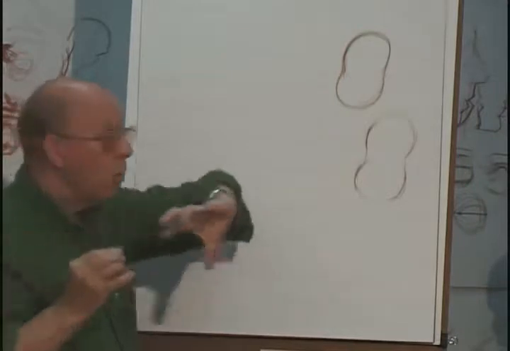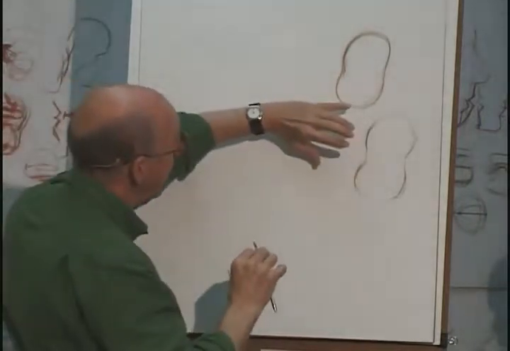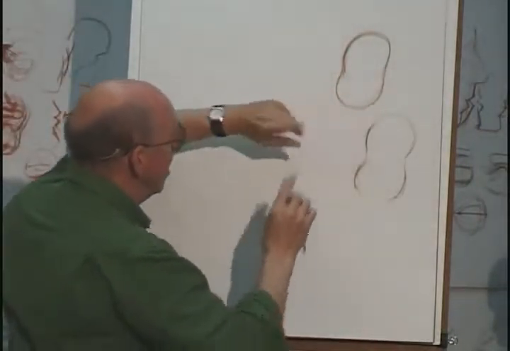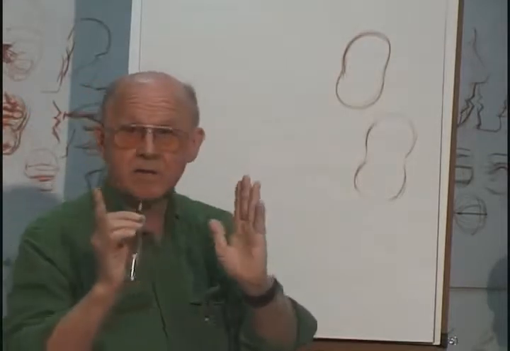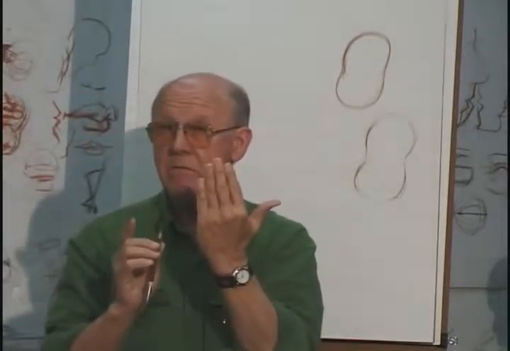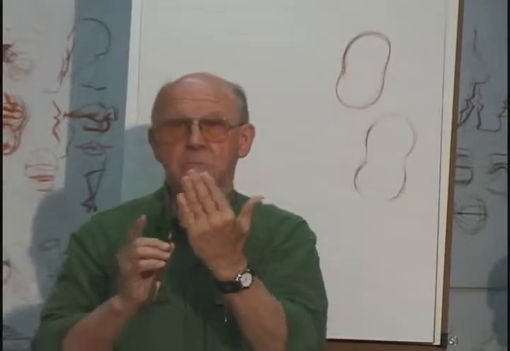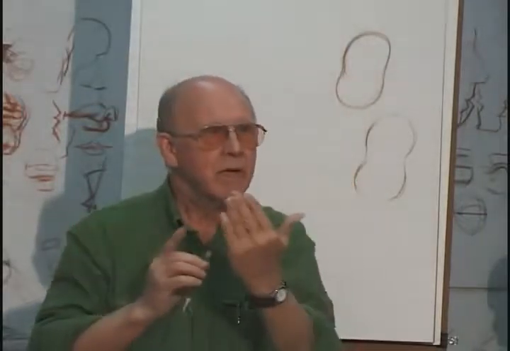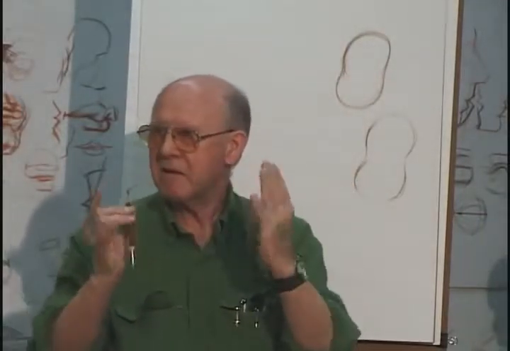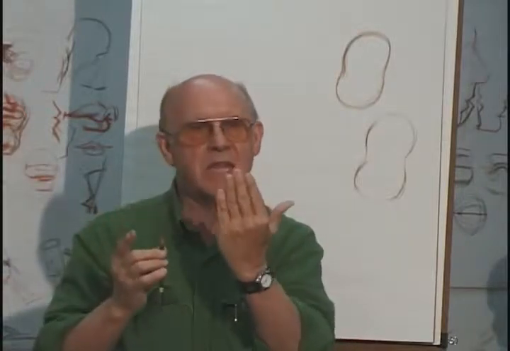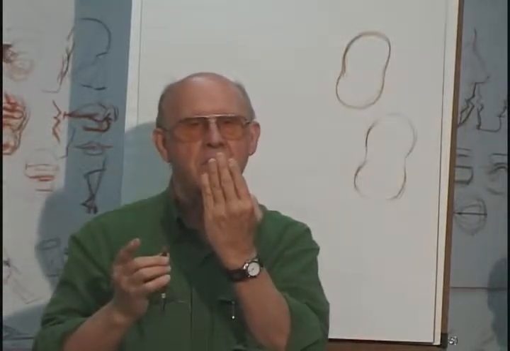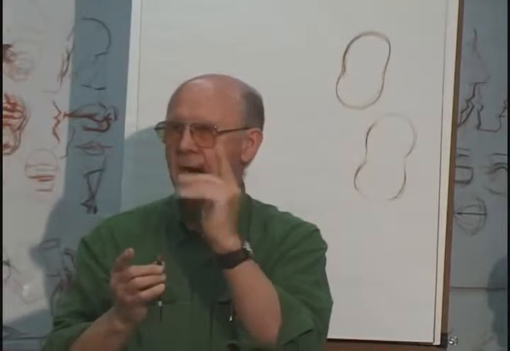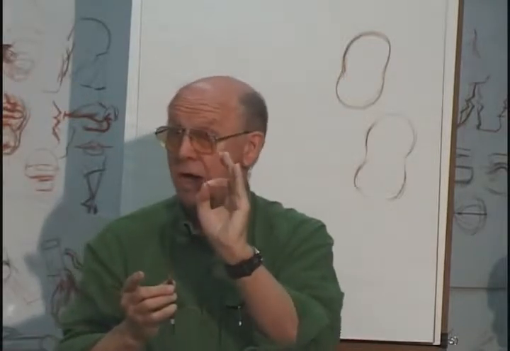Now, when you start to deal with the twist, it's a matter of recognizing where the fronts are. And this is really a question of what we call fronting. It's understanding perspective, it's understanding the three-dimensional form, but it's visualizing where things are and actually drawing it.